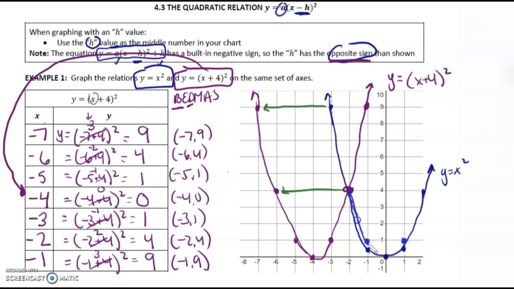I was thinking the scale was different. My mistake. That goes right through the cross. I was thinking the scale was by 2. So this is graphed onto these, this one's graphed onto this, and this one's graphed on this. If we look at every single coordinate, that entire blue parabola is shifted to the left 4 units.